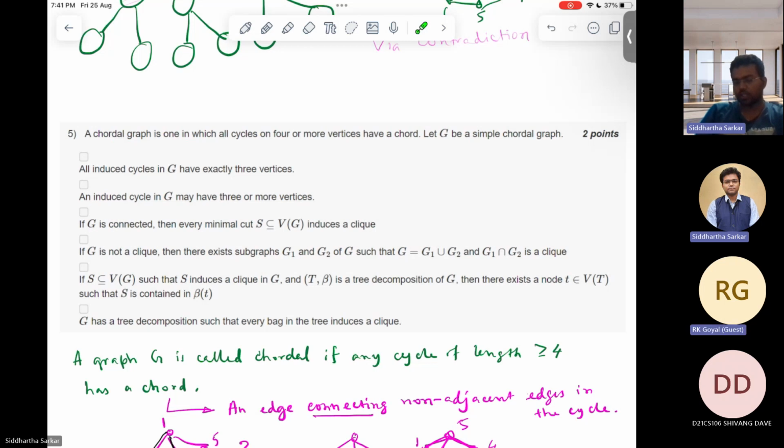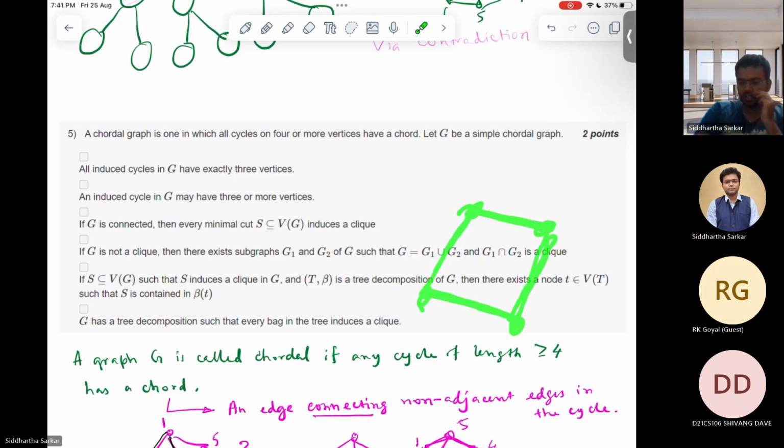So if you have an induced cycle, that means you have, let us say, chosen four vertices, and it turns out that the four edges forming the cycle are present in the graph. The question is saying all induced cycles in G have exactly three vertices. That means it cannot happen that you have an induced cycle on four vertices.